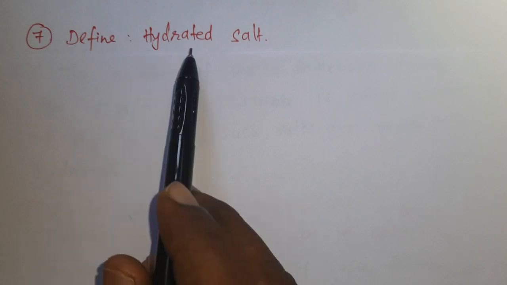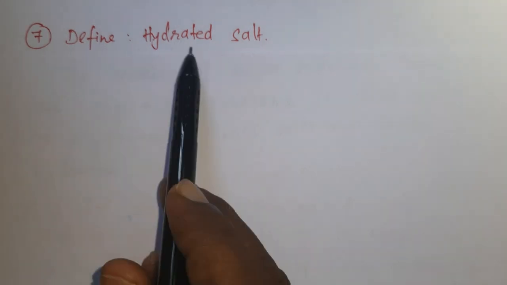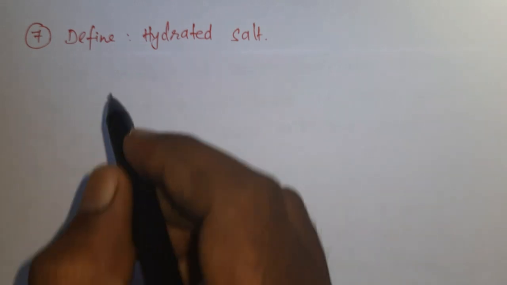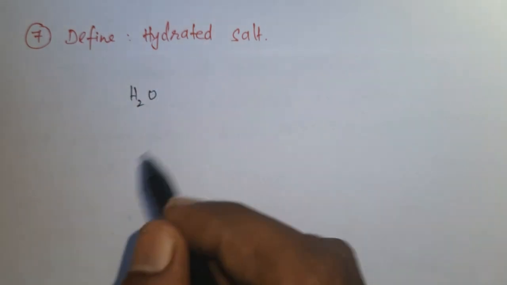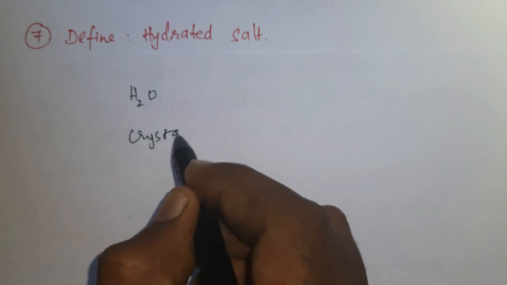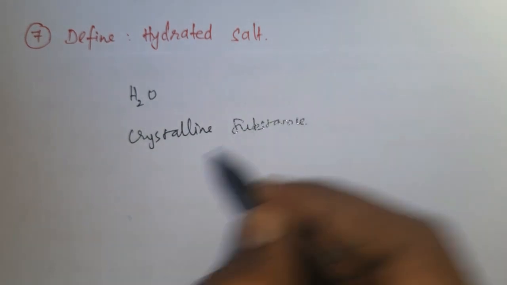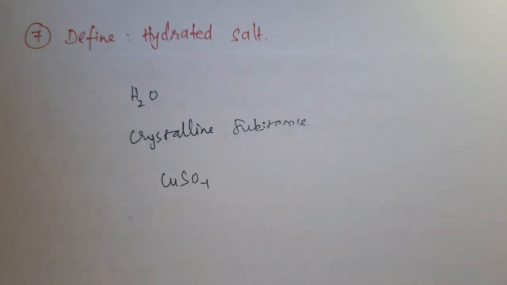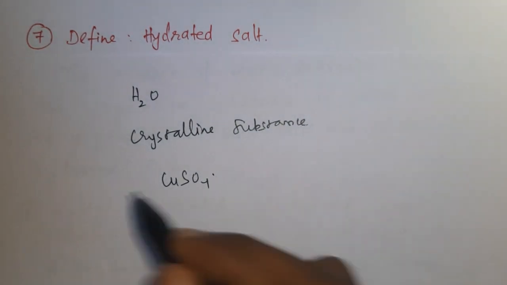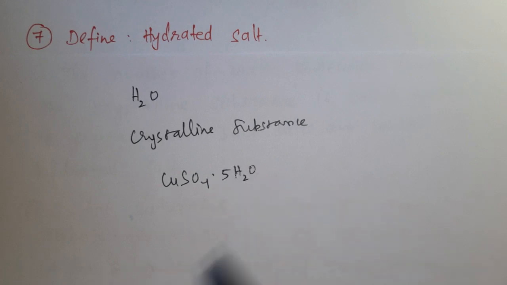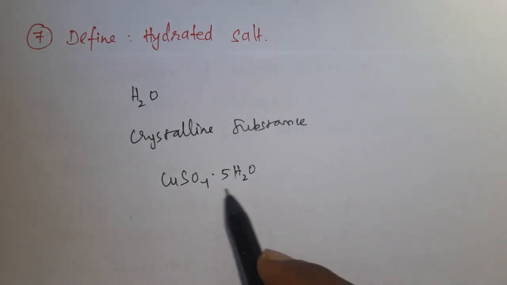Define hydrated salt. Hydrated means there will be water molecules. The number of water molecules found in the crystalline substance. So crystalline substance such as copper sulfate, CuSO4, here water molecules will be found in the crystalline substance like .5H2O, copper sulfate pentahydrate.